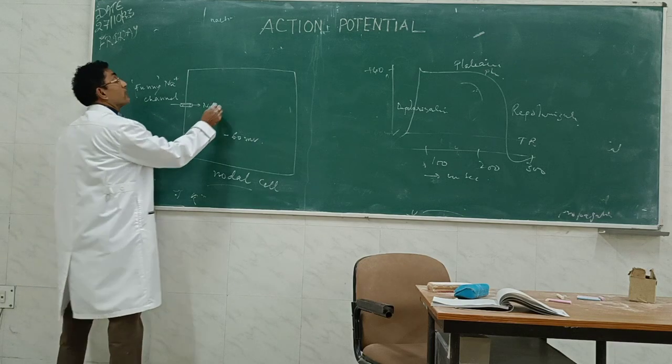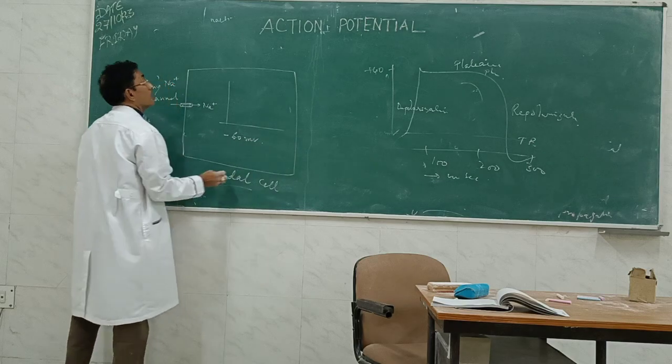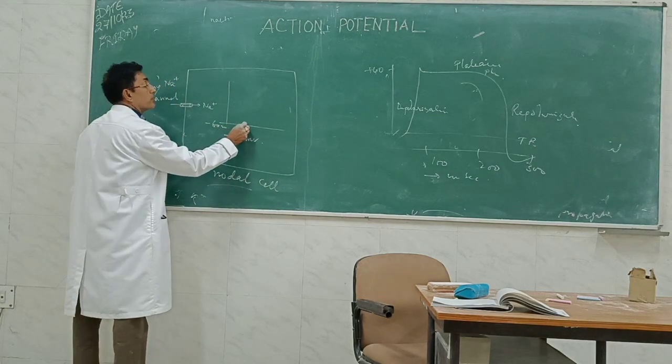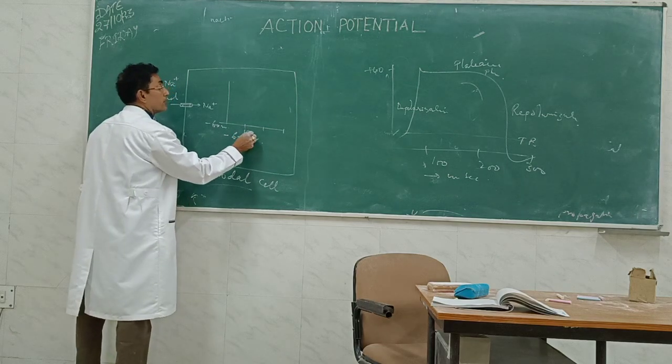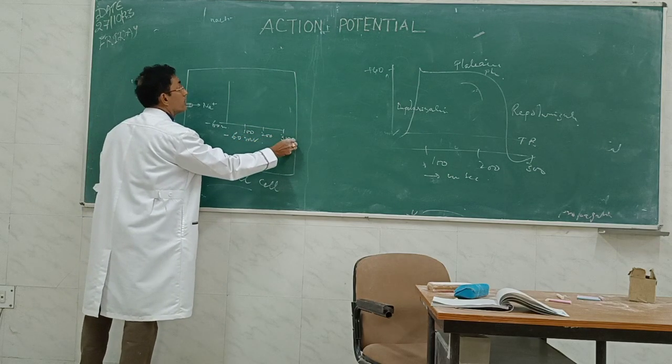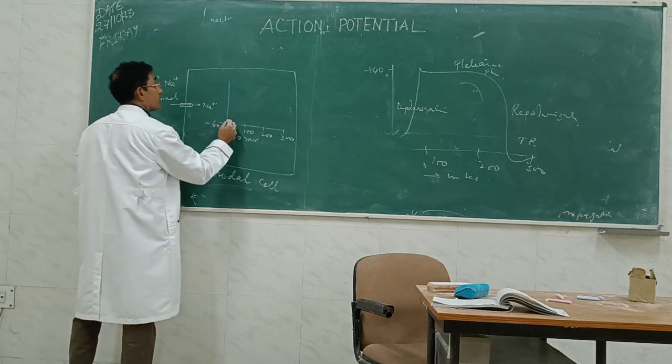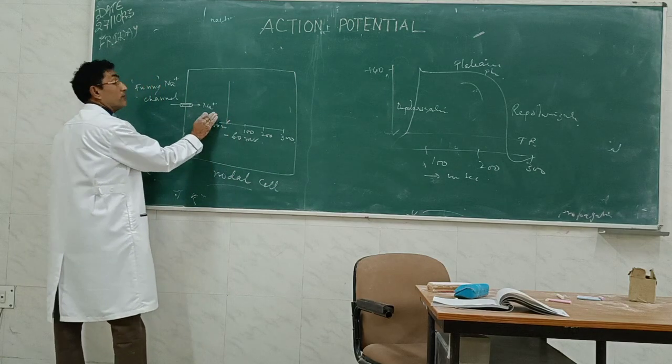This funny sodium channel: if this is the resting membrane potential of minus 60 millivolt, then here also we have 100, 200 and 300 milliseconds. Now, once it is the funny sodium channel, there is an entry of sodium ion.